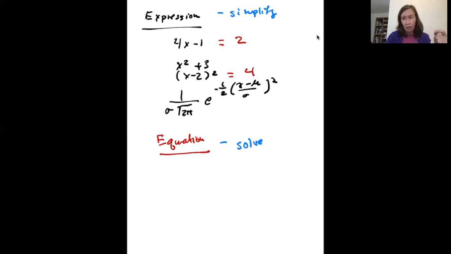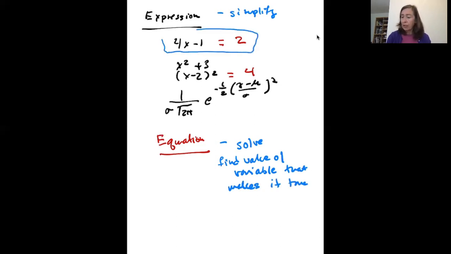Solving an equation means finding the value of a variable that makes it true. So if we're going to solve 4x minus 1 equals 2, we want to find the value, or sometimes there's more than one, of x that's going to make that equation true.